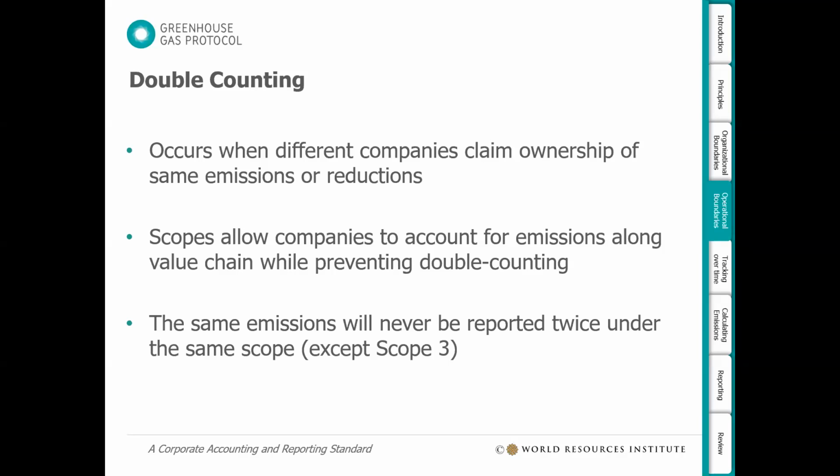Let's take, say, the CO2 emissions from fertilizer production. These emissions are Scope 1 for the farmer or the organization that produces the fertilizer. They're Scope 3 for the farmer that applies the fertilizer to his or her soil.